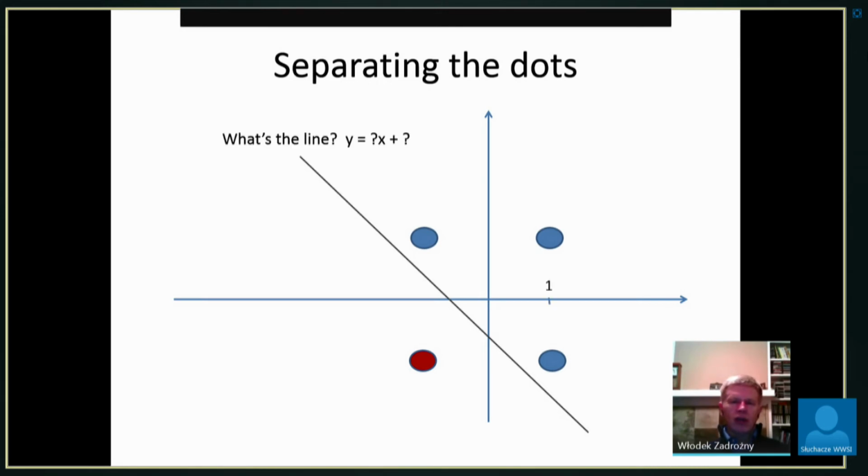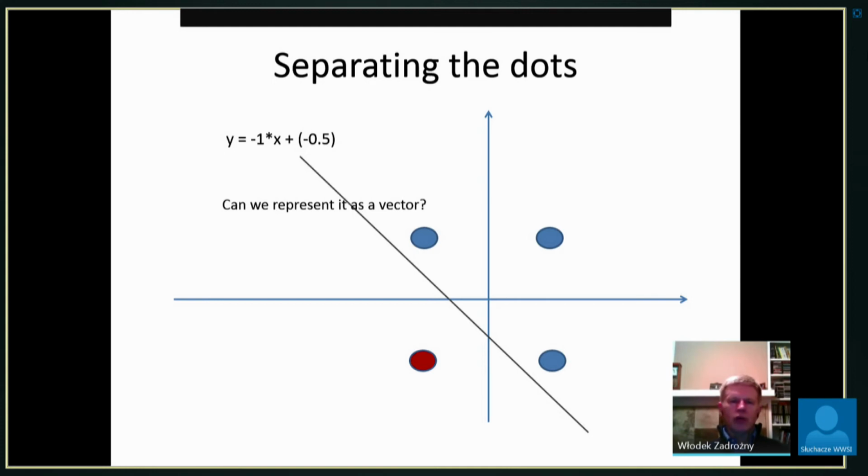The line has certain parameters. We know that it will have a negative slope. So the first question mark in the expression y equals question mark x plus question mark, we know that it will be negative, but what should be the value of the intercept? And then what is the connection between the parameters of the line and the dots? That's essentially what we want to establish.